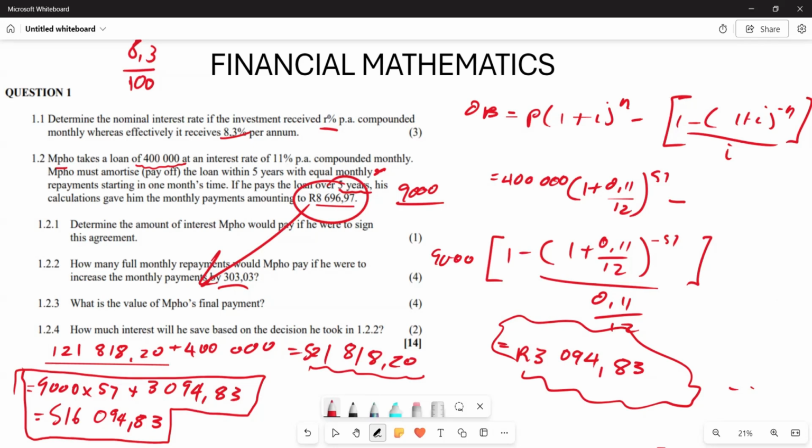So to calculate the interest saved, you take 521,818.20 and subtract 516,094.83. The amount of money Mpo is actually saving is 5,723.37. So basically that is the amount Mpo is going to save for adding that particular 300.